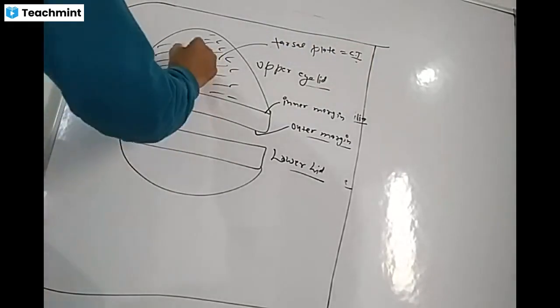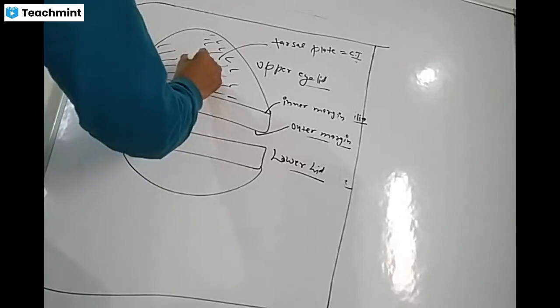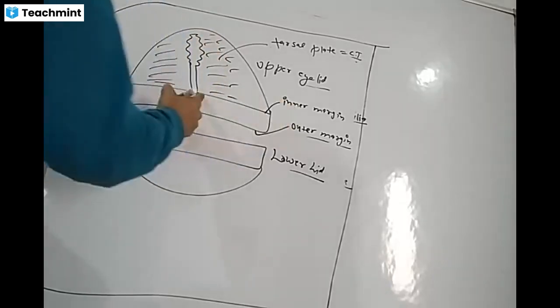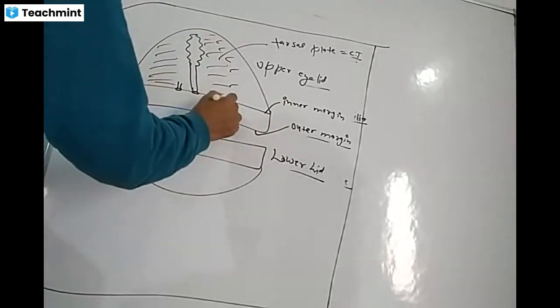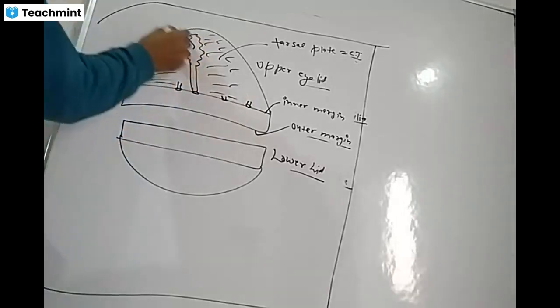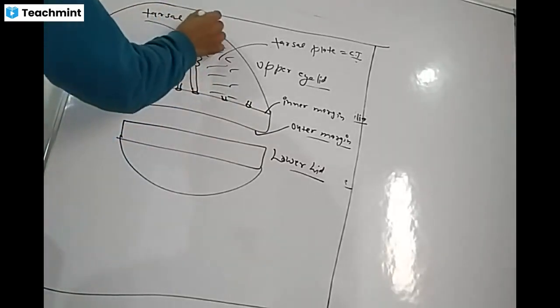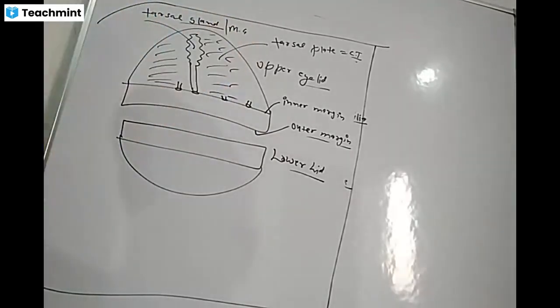This tarsal plate is having some glands which open at the inner margin. Tarsal plate is having tarsal glands, or meibomian glands.